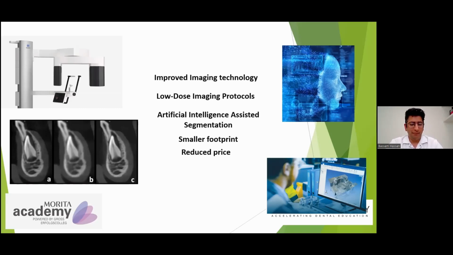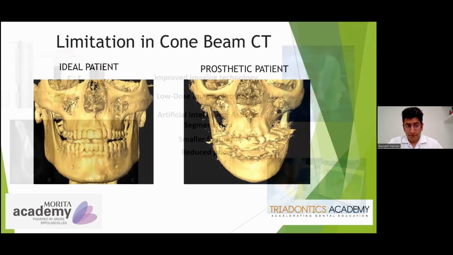And you had a much larger machine and higher radiation level. So all of this improved, became the same quality with less footprint and reduced price, and that's because of improved imaging technology. And of course, AI assisted segmentation.